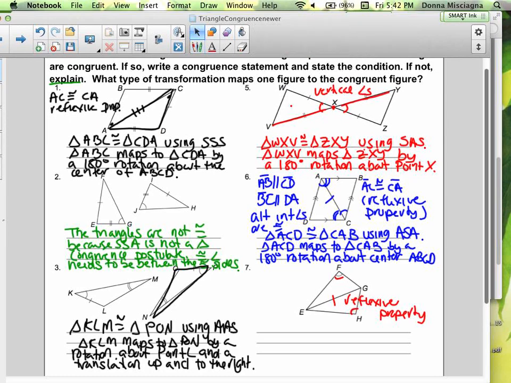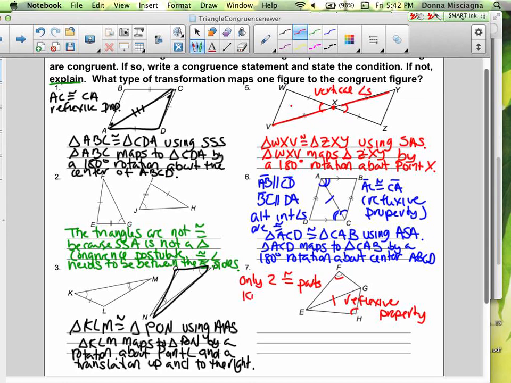So only two congruent parts known. We need three. So three congruent parts are needed. This just doesn't have enough congruent parts.